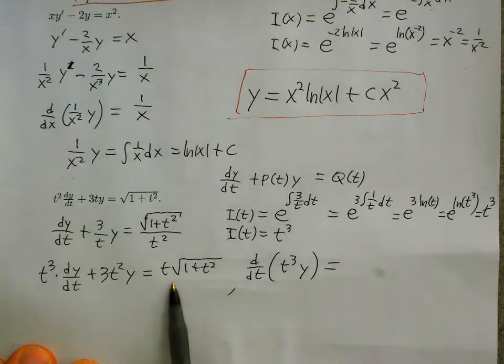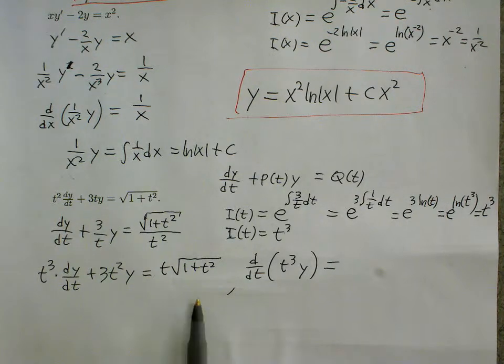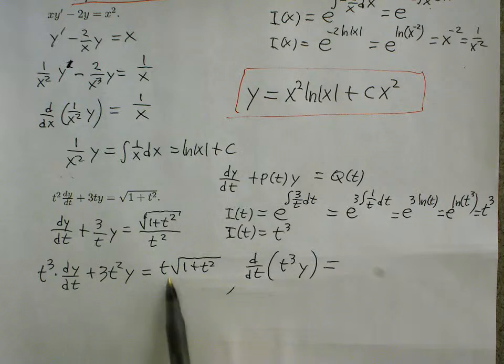I'm going to start getting ready to integrate the right-hand side. You can see what's coming when we integrate the right-hand side. Indirectly, we can just use the substitution rule. If u is 1 plus t to the second, then du is 2t dt.